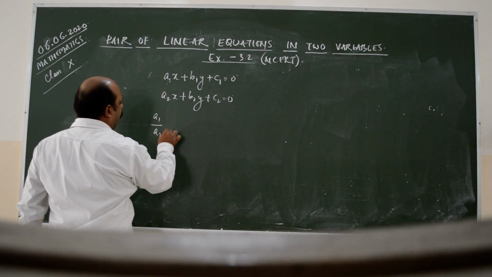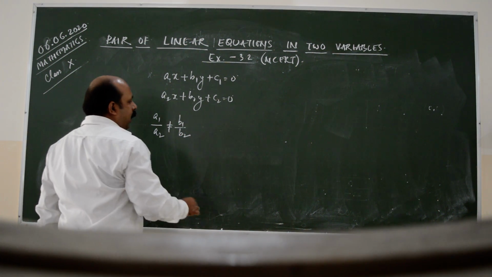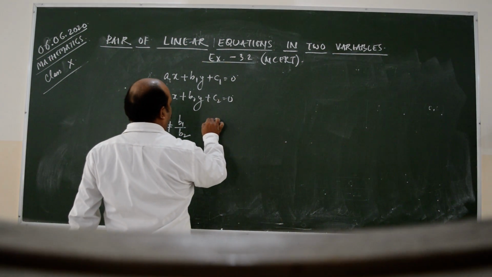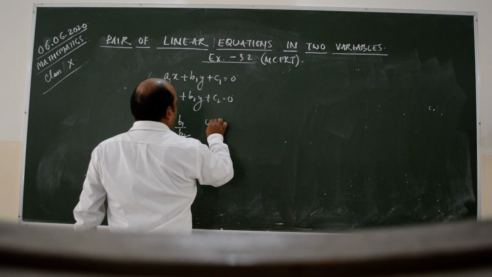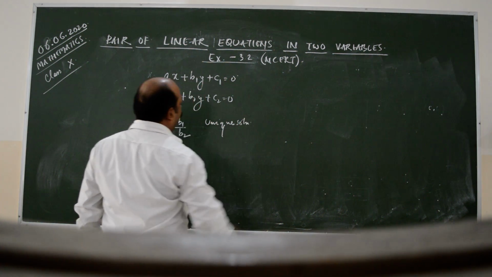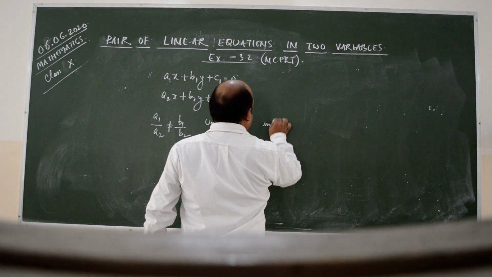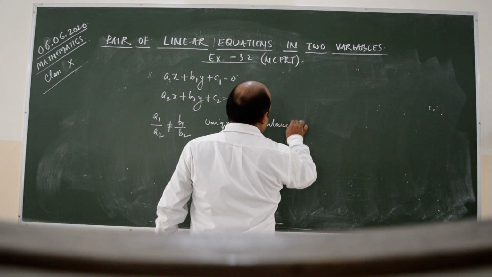If a1 by a2 is not equal to b1 by b2, in that case the given system of equation will have a unique solution. A particular value of x and y will be there, and the graph lines will be intersecting in nature.